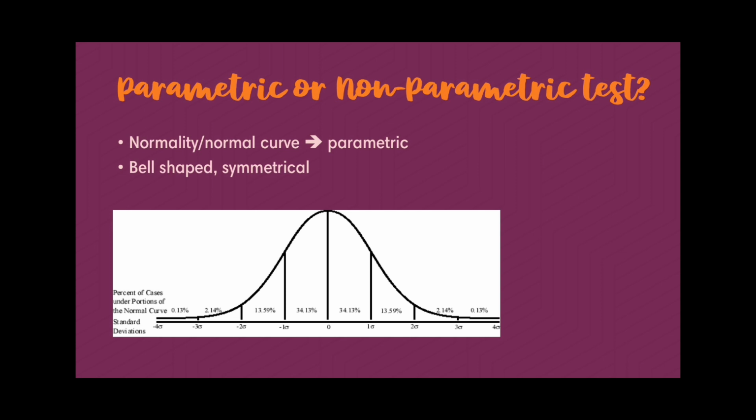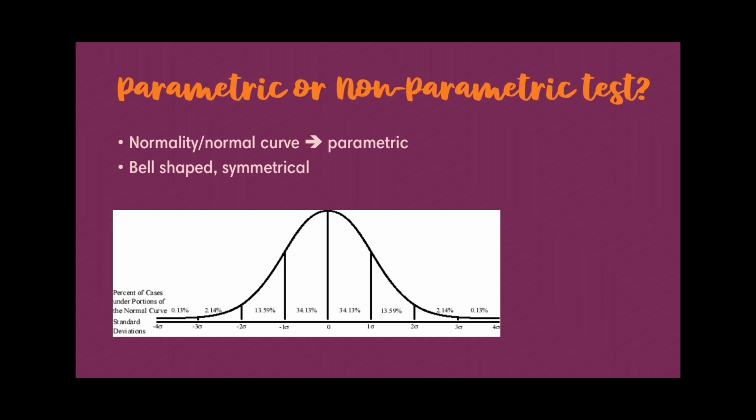And of course, normality, and you have heard of this probably in your elementary statistics, a normally distributed data will, when you set that in a histogram, you will be able to come up with a normal curve. And if you're able to have a normal curve, then that's parametric.